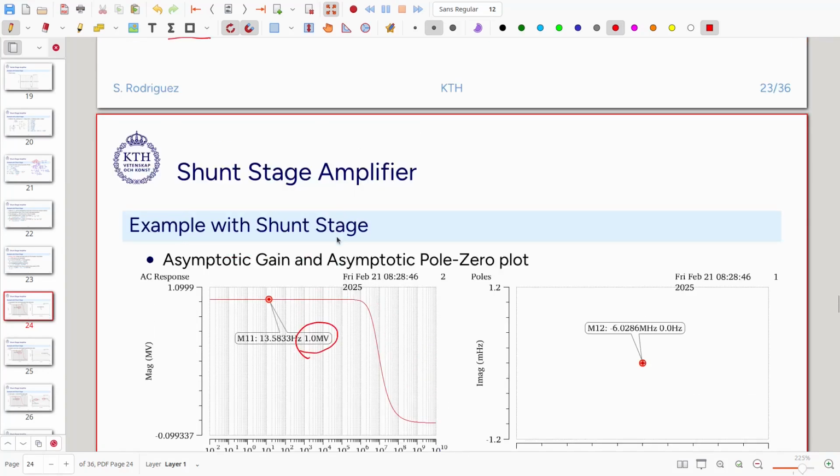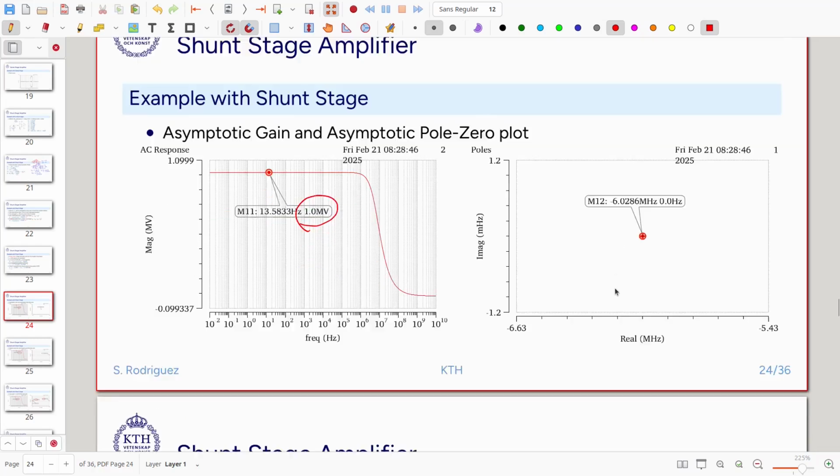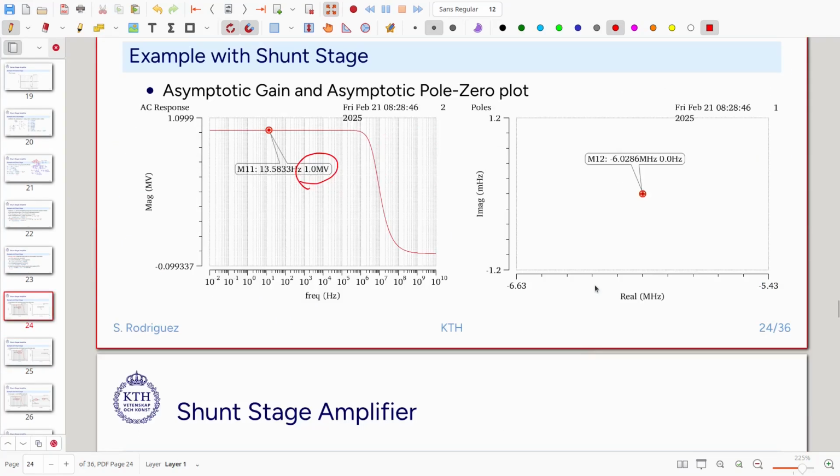Here is the summary of this simulation. We find also that there is a pole in the asymptotic gain, and this pole in the asymptotic gain is at minus 6 megahertz.